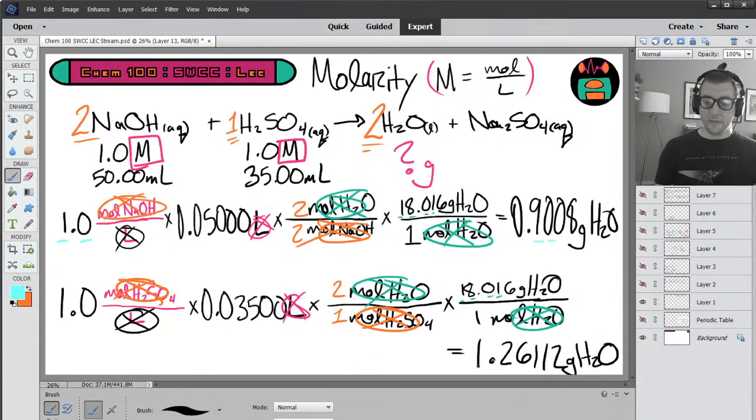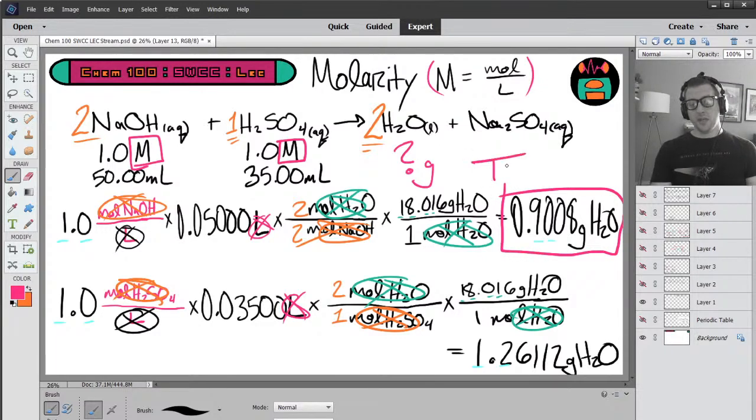Again, I would be limited to 2 sig figs here because of my starting molarity, but now what I need to do is compare these two, and because this is the smaller of my two values, this is my theoretical yield.